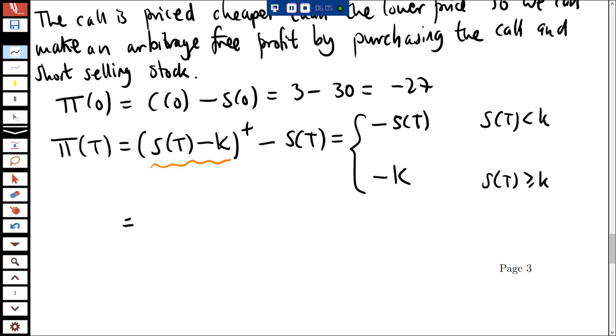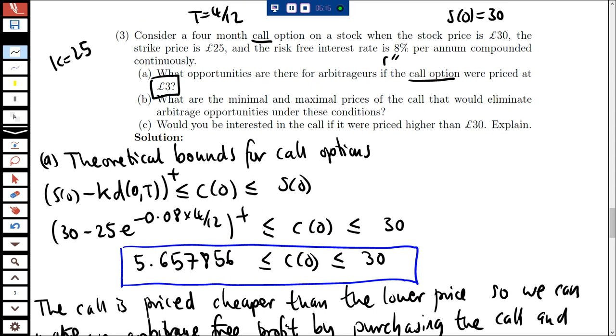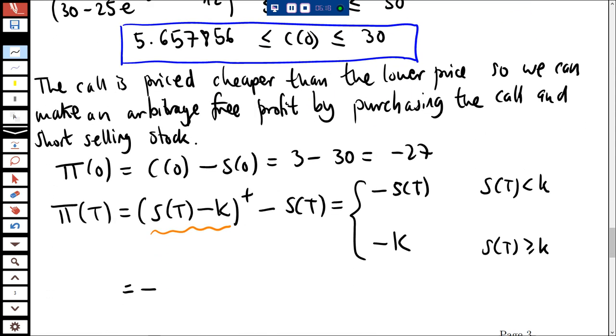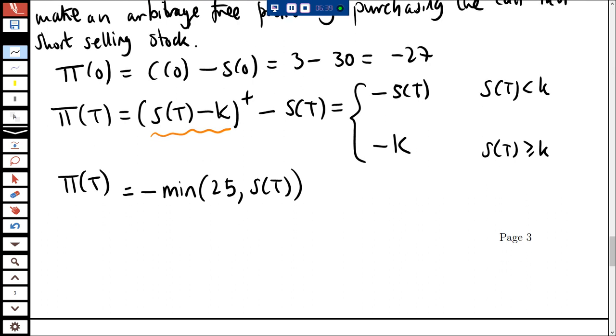Let's take the negative out, and K is 25. If the share price is less than 25, then it's going to be the share price. So actually, this is the minimum of K and S_T, with a negative on the front. Okay, so that is the value of the portfolio at time T.